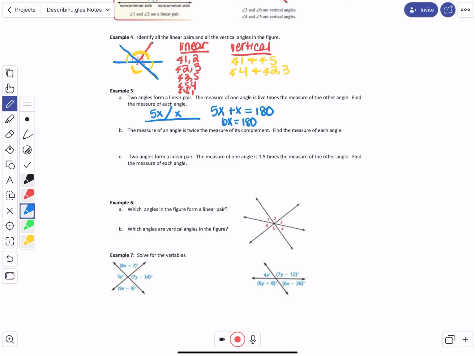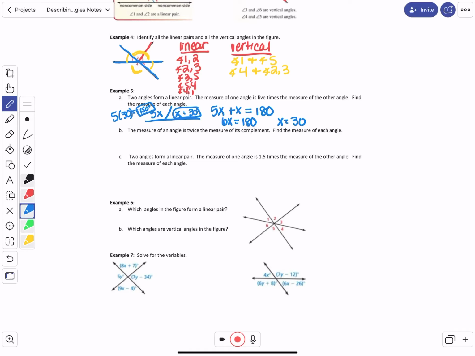And then we do 180 divided by 6. And so x is going to be 30. And if we want to find the measure of each angle, we know that one angle is going to be 30. And if we do 5 times 30, we get 150 degrees for our other angle.